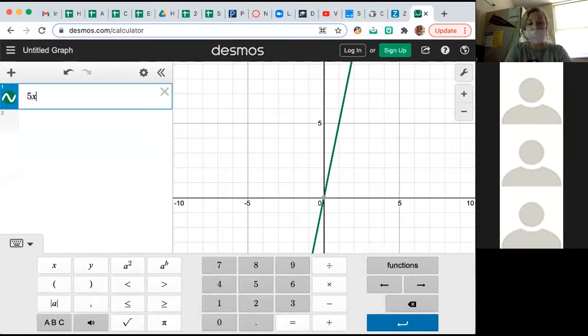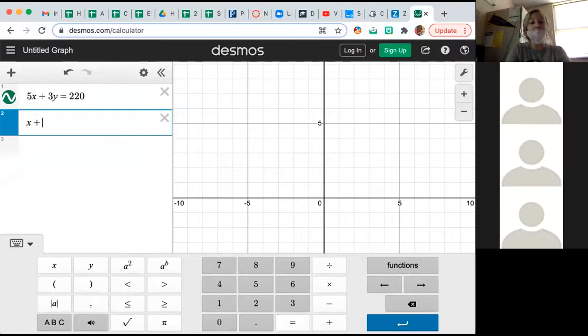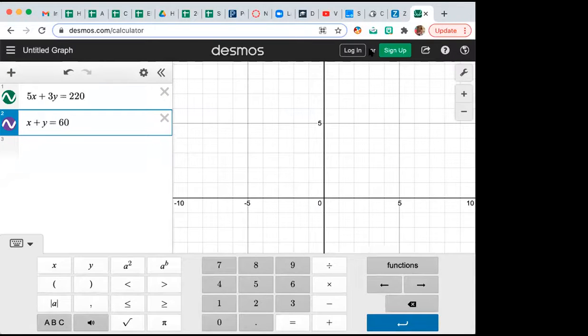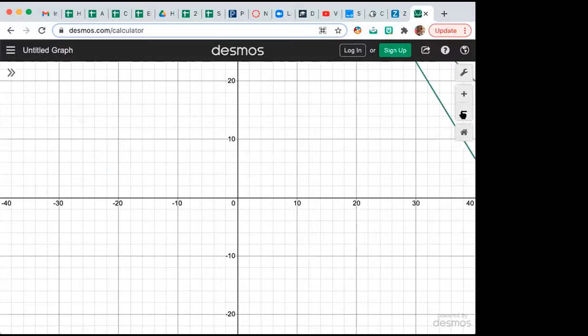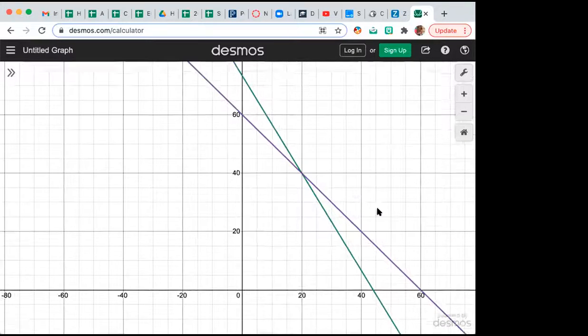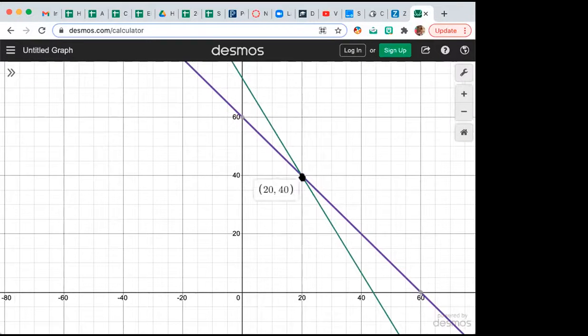So it was 5X plus 3Y equals 220. Now my second one was x plus y equals 60. So everybody watch. I'm going to zoom out till I can see my two lines. Where do they cross? 20, 40.